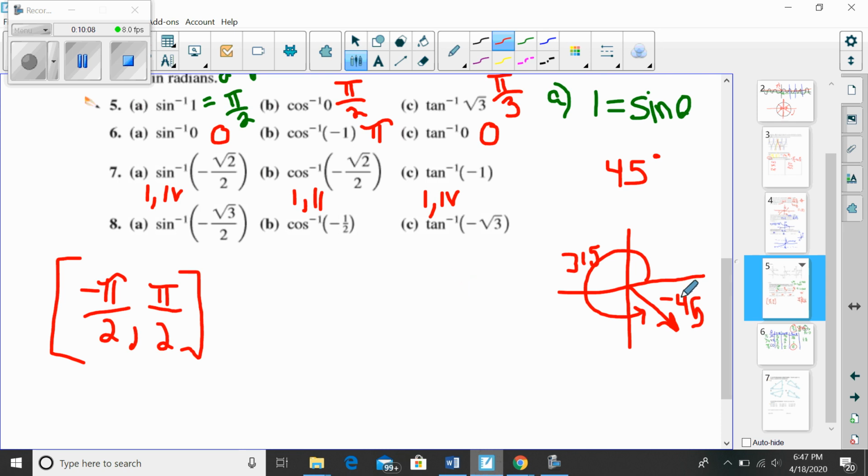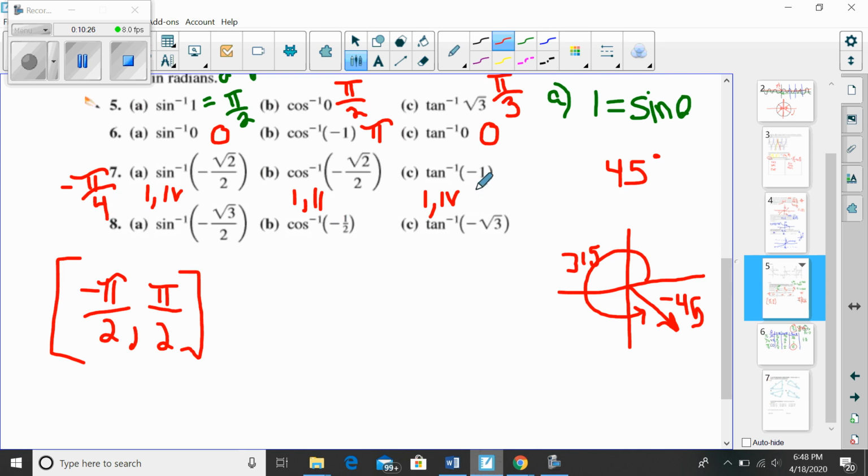So I have to take the negative 45 degrees. Negative 45 degrees is in that range. Remember, 45 degrees is pi over 4. So I would answer with negative pi over 4.